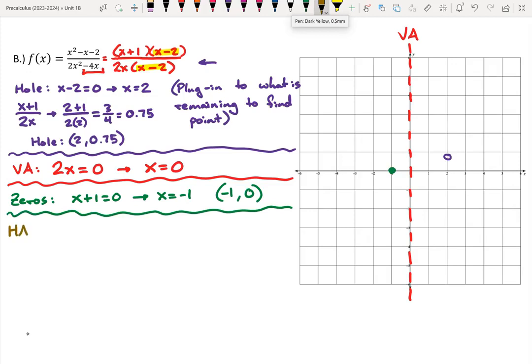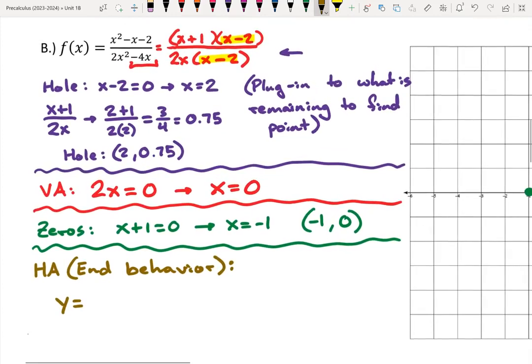Okay, next we're going to find our horizontal asymptote or end behavior. So as a reminder, we take the leading term in the top, leading term in the bottom. Zach, what would be our leading terms? Numerator first. And then we're going to divide that by 2x squared. And what happens there, Zach? 1 over 2.